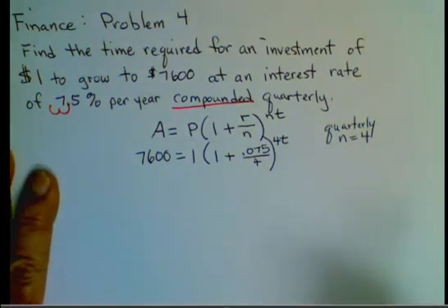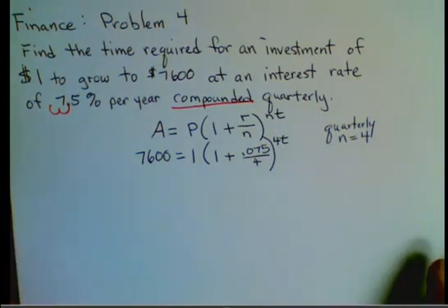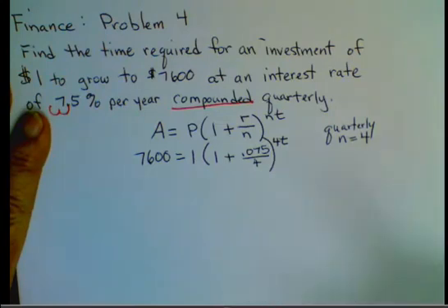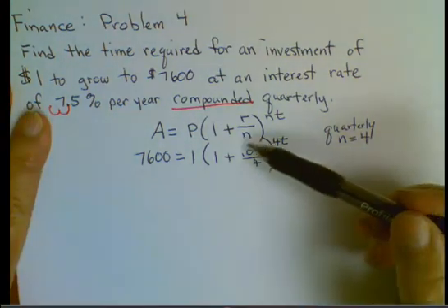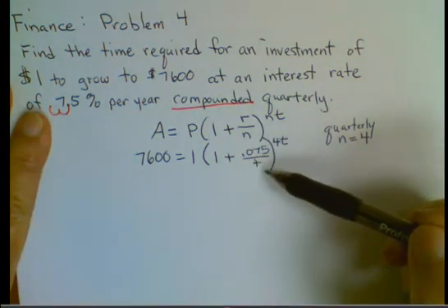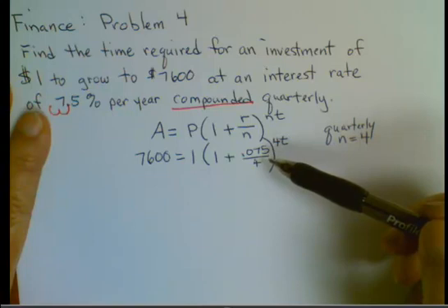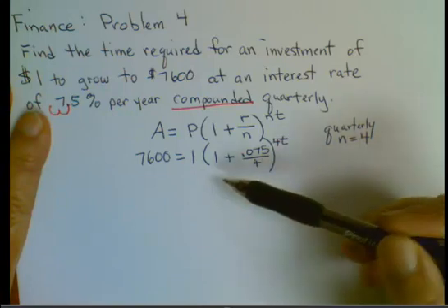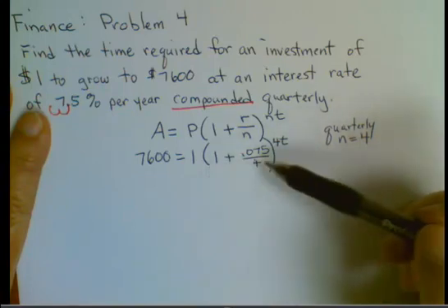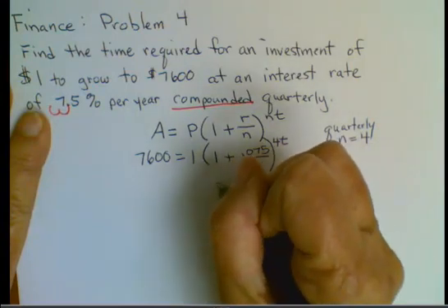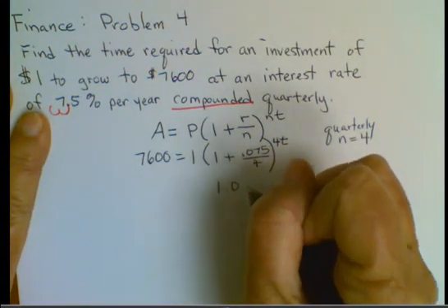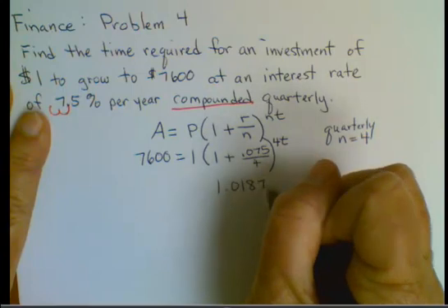Right, let's simplify this as much as we can. So inside the parentheses, I would first do the fraction, punch it into your calculator, and I get 0.01875. Add that to the 1 to finish your parentheses. So that gives me 1.01875.